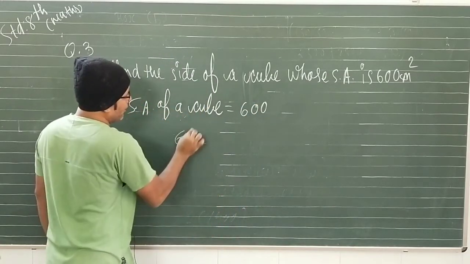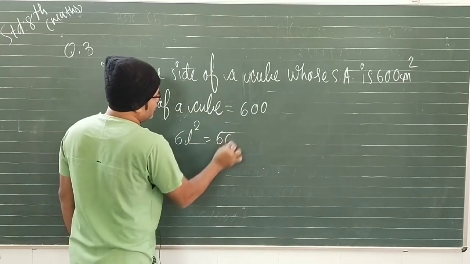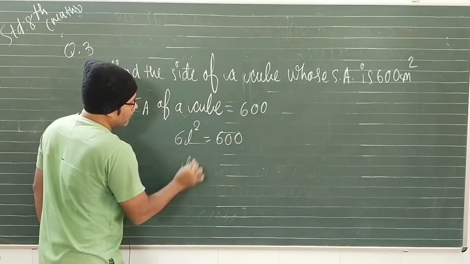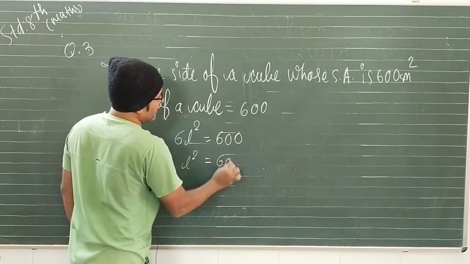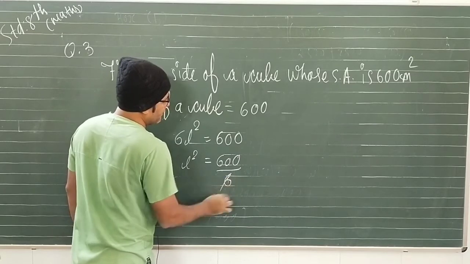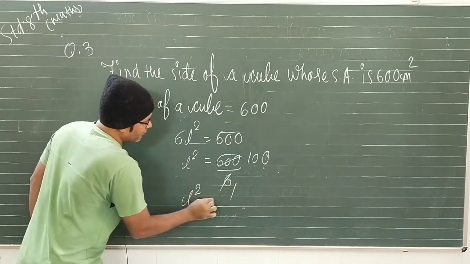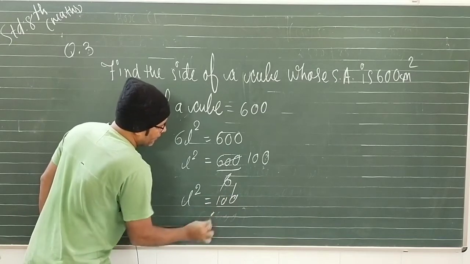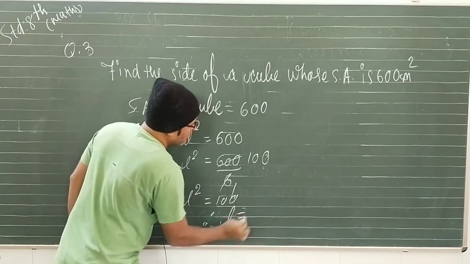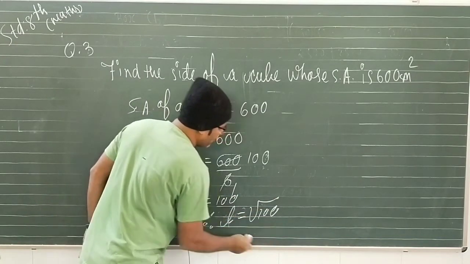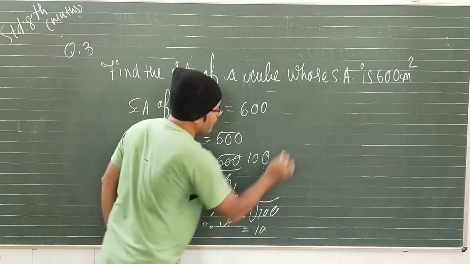So you know the formula, 6L square is equal to 600. So L square is equal to 600 divided by 6, which is 100. L square is equal to 100, therefore L is equal to 10.